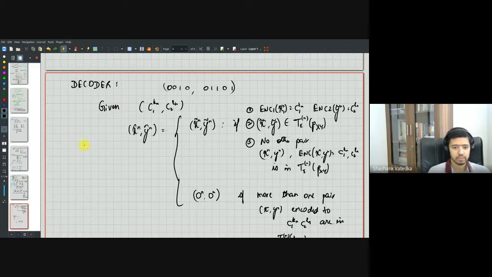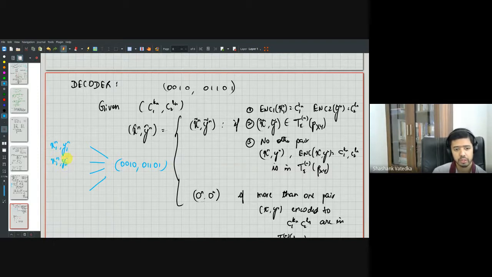Okay. So for this particular code word pair, 0010, 01101, now there could be multiple pairs of xn, yn. Let's say x1n y1n, x1n y2n, maybe x10n y20n, and x100n y2n.